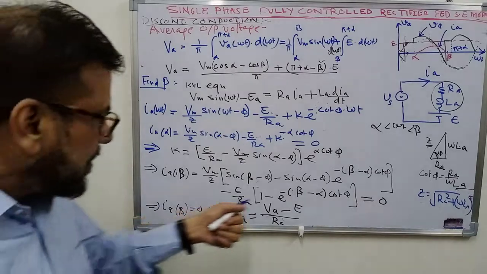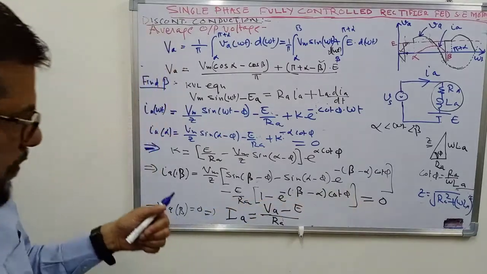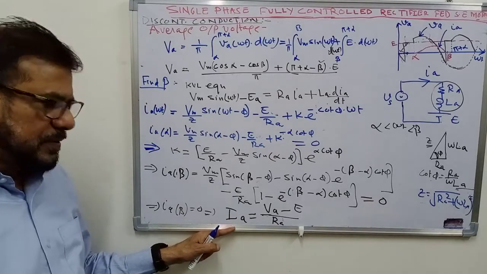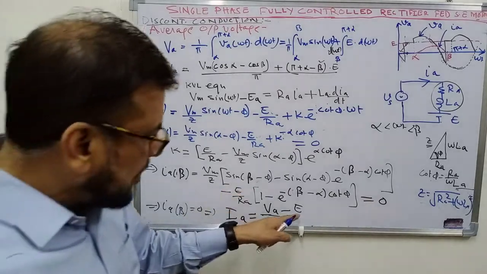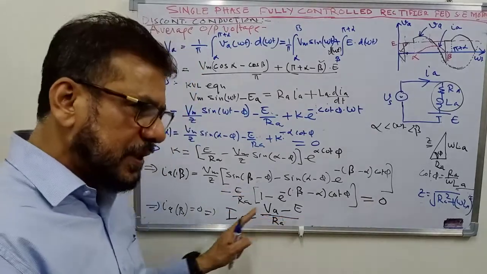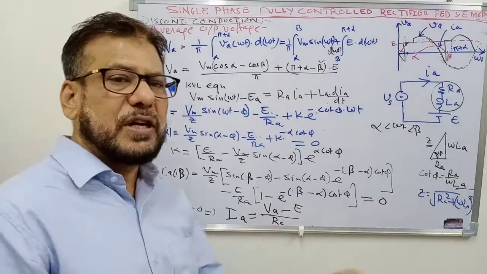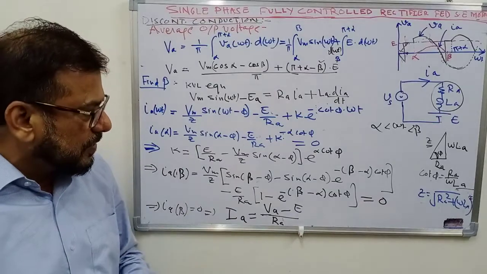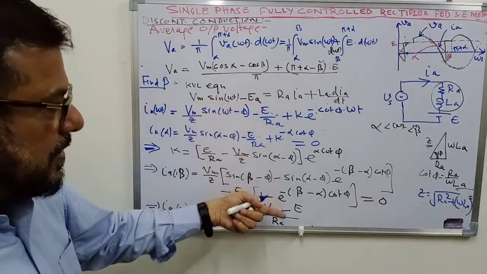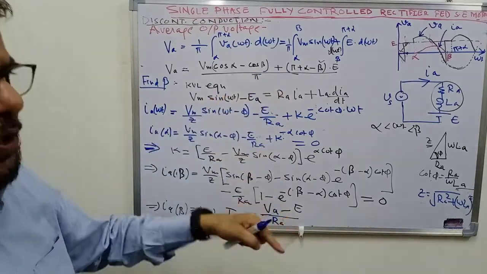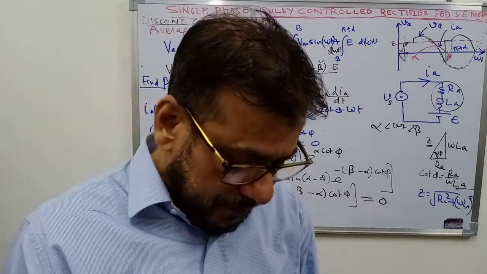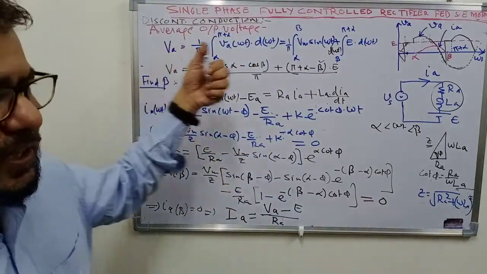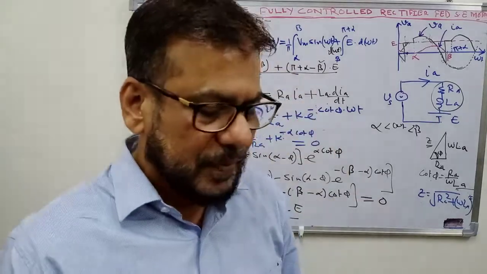Again, you find the value of beta. You find the current corresponding to that torque, and then you find the value of E, and corresponding to E you can find the speed. So there are two types of problem, and you can solve these once you have written this equation and obtained the value of beta. In that way you can approach the problem when the conduction is discontinuous.